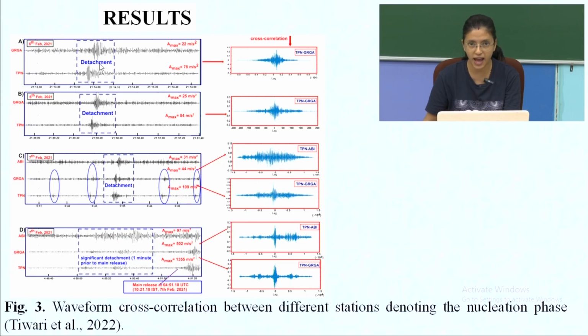To know the actual source zone, we did a cross correlation and found that both of these tremors are from a single source. Since Tapovan was the first station to record the data consistently, it was known that the source has to be nearby this Tapovan region. So we concluded that it has to be somewhere close to this Tapovan station.